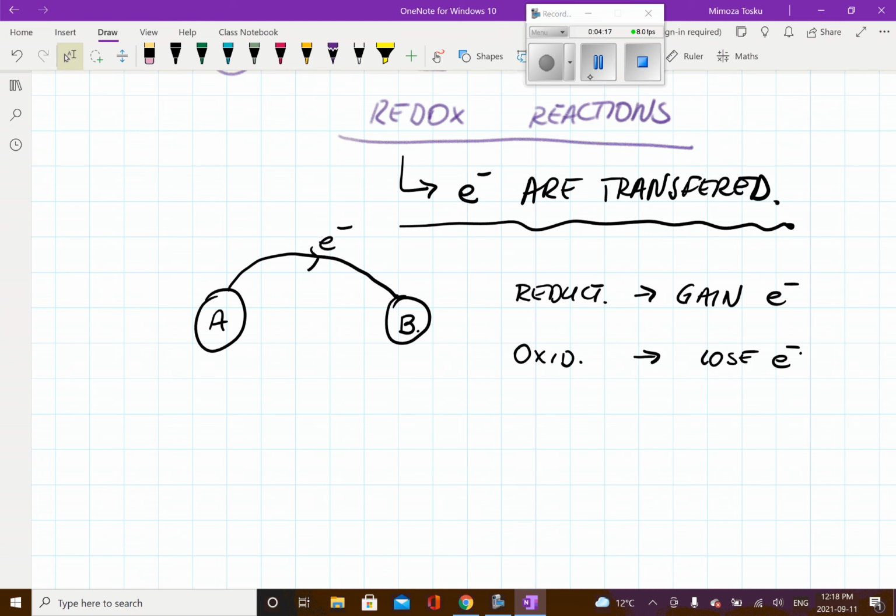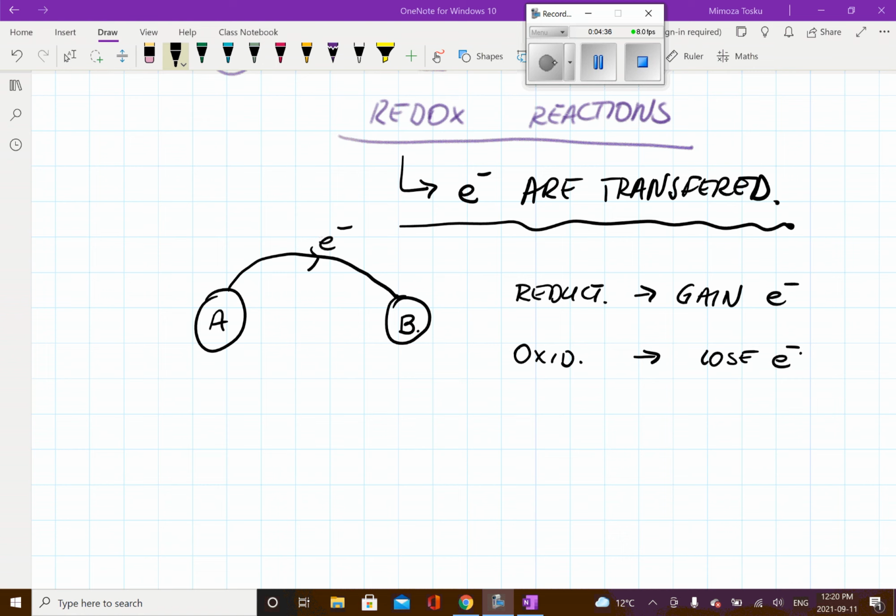But let's see some acronyms that you can use to remember that reduction is gaining and oxidation is losing. There are actually two.